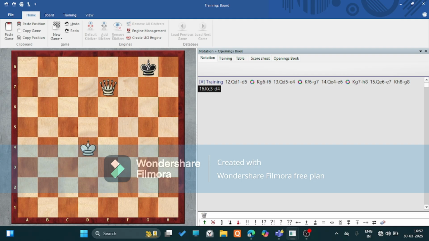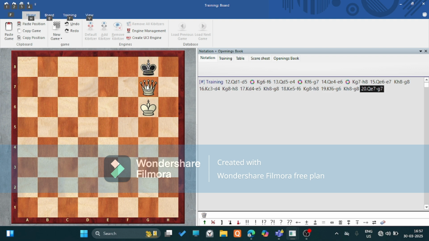Now, suppose the white king moves over here and the black king has only this legal square. The queen can come over here. Now the king has no legal square. So this is termed as checkmate.